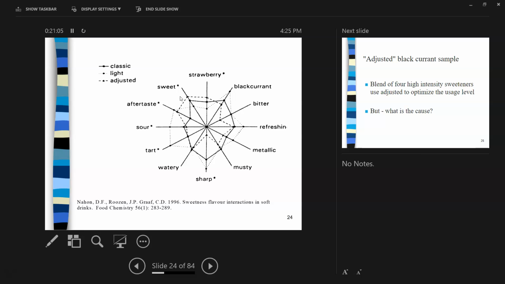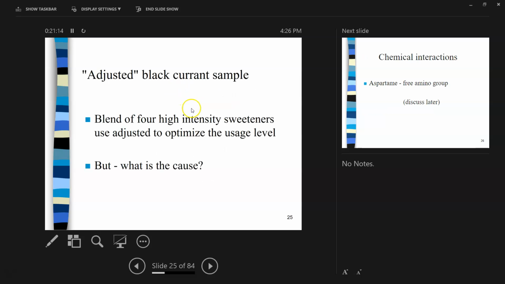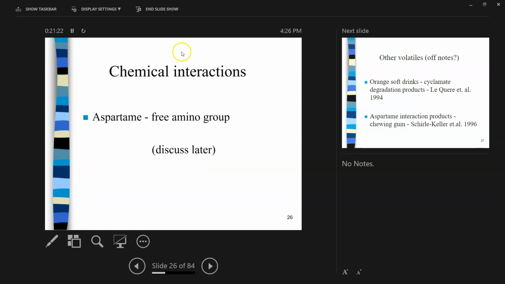We do find blends being used more commonly. Whether it just gives you a better balance or better sweetness, I don't know, but that's certainly the pathway used today. It's a black currant, a blend of 4. And you wonder why that happens. Well, aspartame, as I think you're aware, is a 2-amino acid compound, and we do have a free amino acid on that, so it is a chemically reactive molecule.